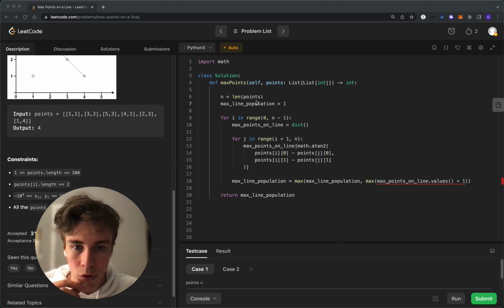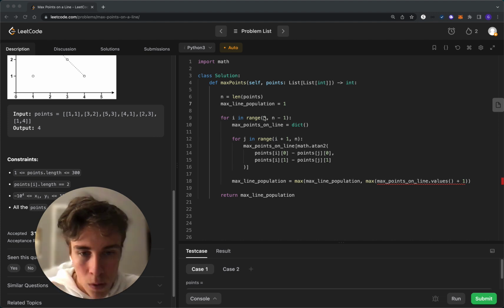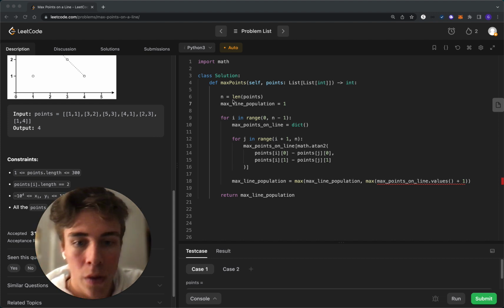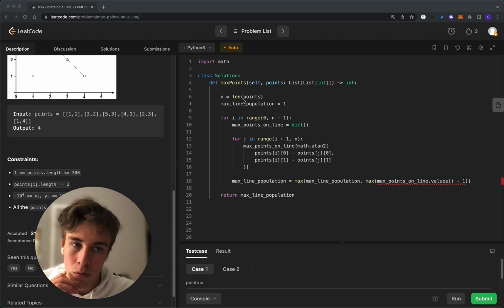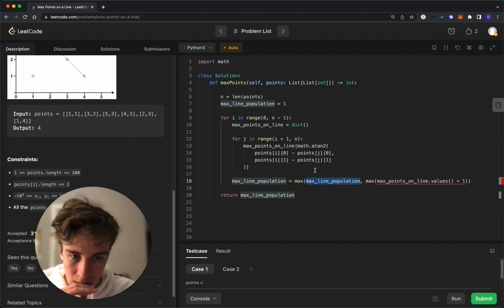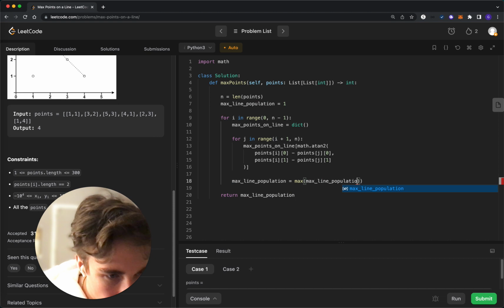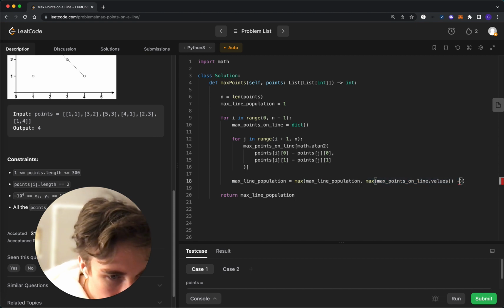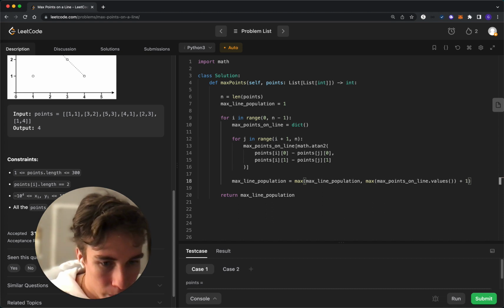Let's see, if I have 2 points, then the length is going to be equal to 2. So yeah, I'm going to calculate the max, which is 1, plus the max plus 1.